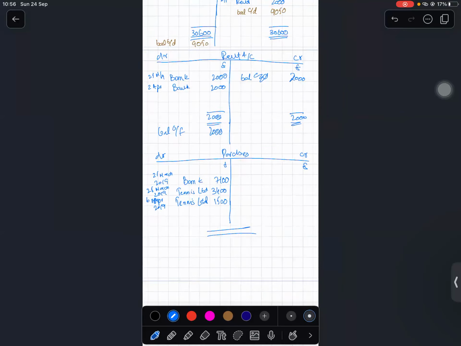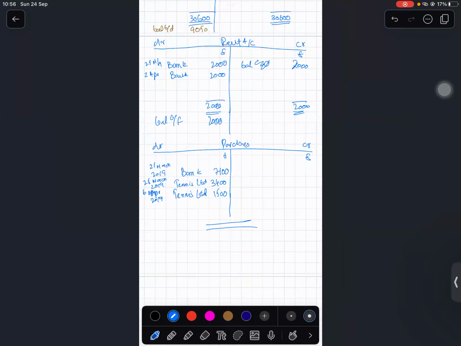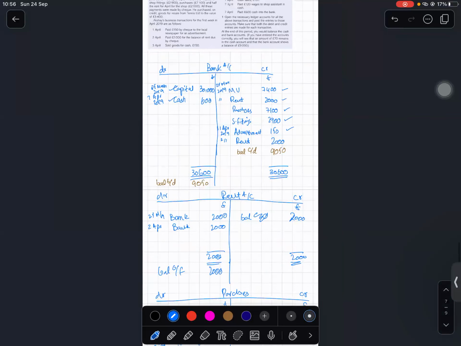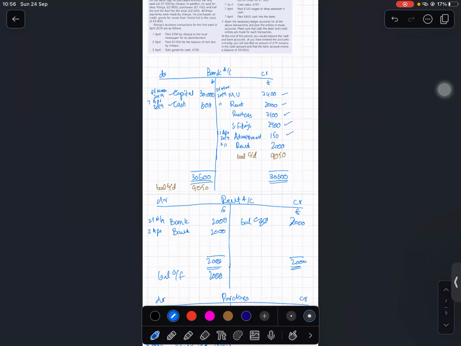All right, so Emily, as we're running out of time, do you have any confusion in any of the accounts or any of the concepts which we did today? No, sir. Are you good? I'm good. Okay, that's excellent. Emily, you can try to do this question completely if you want, but it's not a requirement for me.